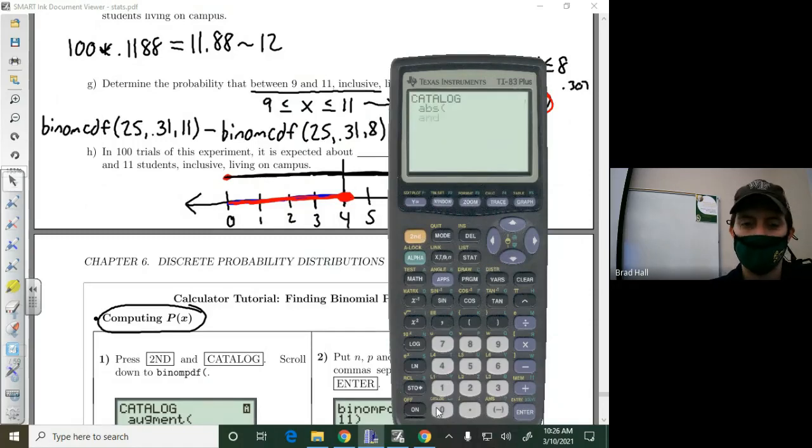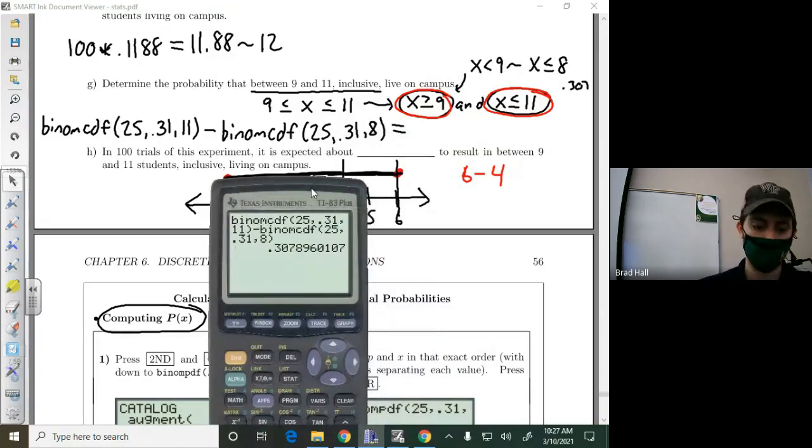This would be binomial CDF, 25, 0.31, 11, minus, pretty much the same thing, 5, 1, and 8. Oh, okay, that was right. 0.3079.